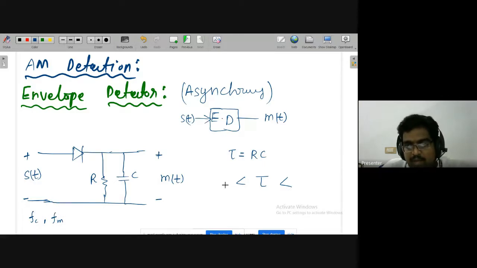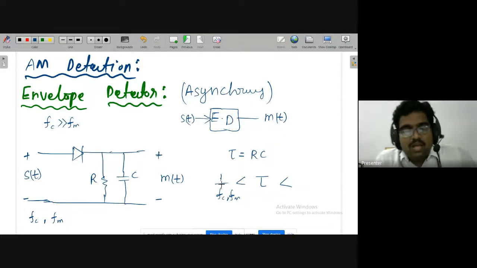Can anybody tell me, on the left side should I put 1 by fm or 1 by fc? To satisfy this equation, I already know one condition: fc is always greater than fm. Now, to make the time, I have to write it in reverse. Here I have to write 1 by fc or fm.